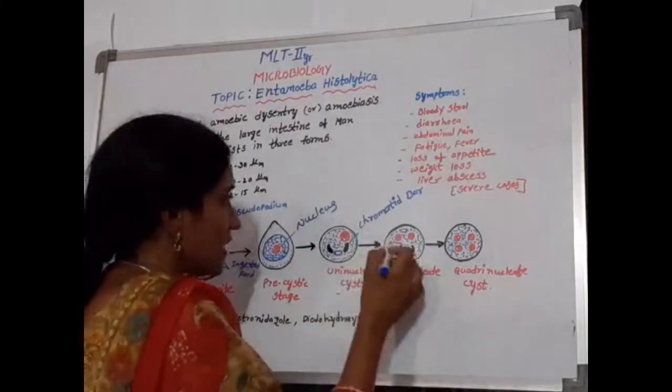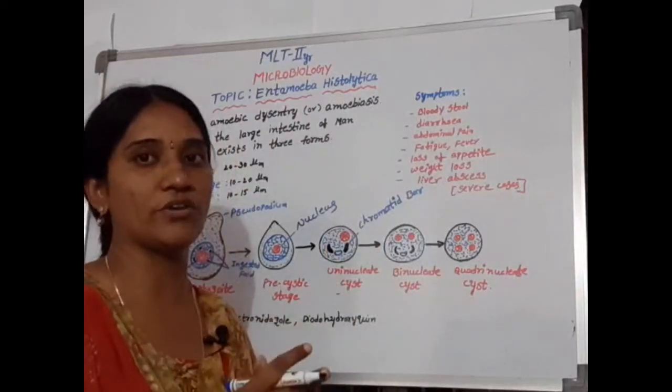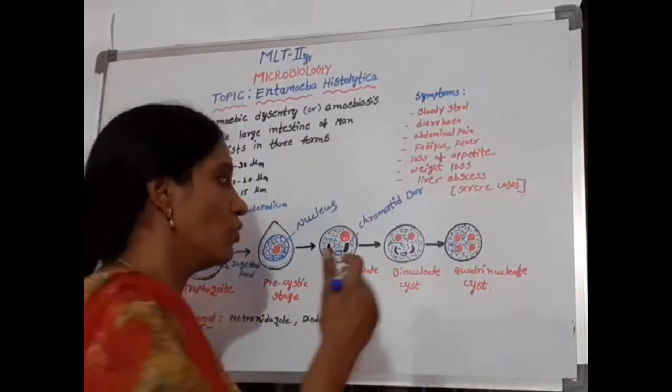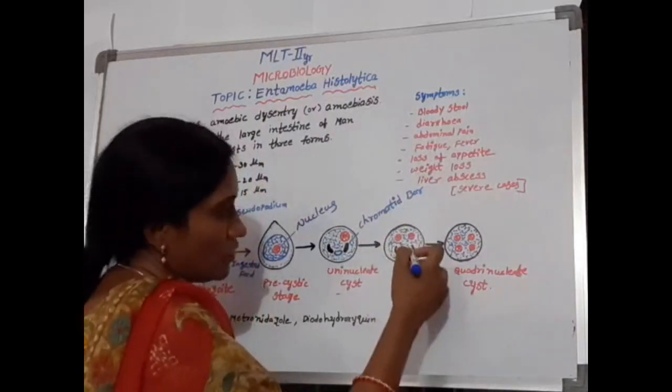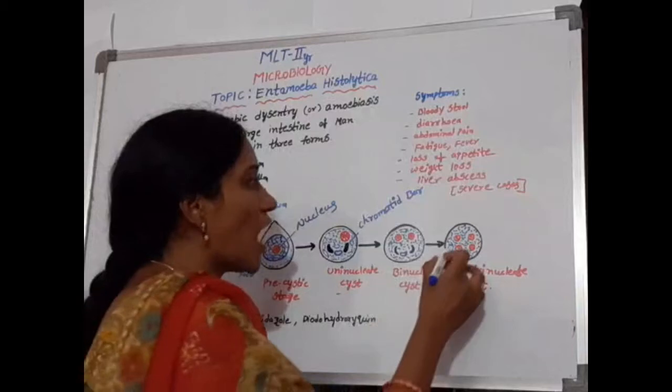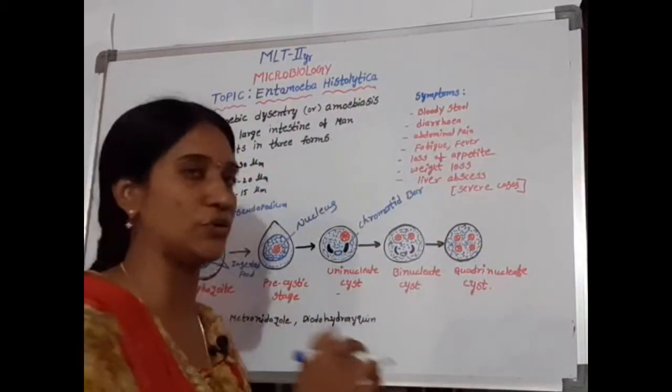In the next stage, the nucleus divides into two. That is the binucleate cyst. The nucleus divides again to form four nuclei.